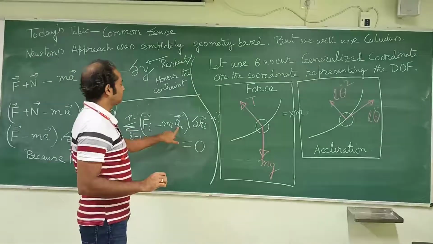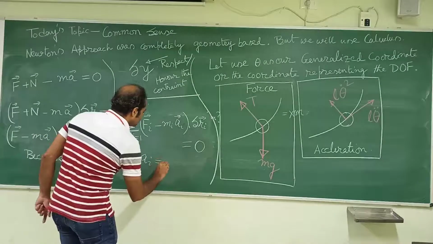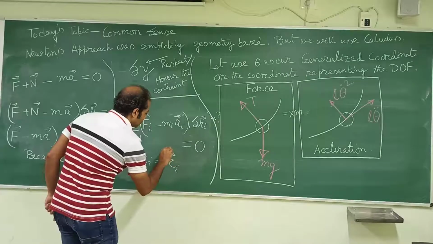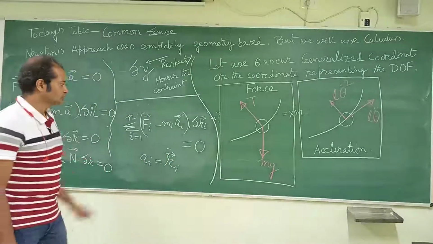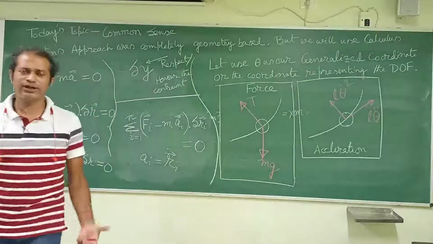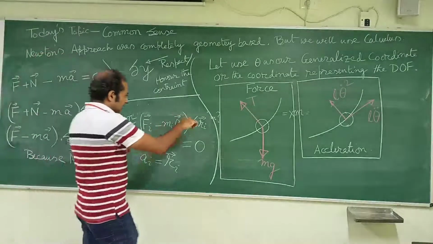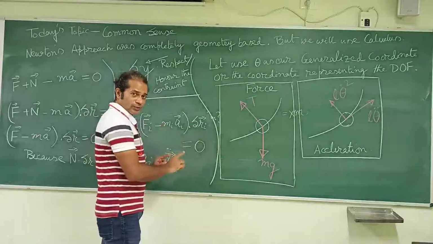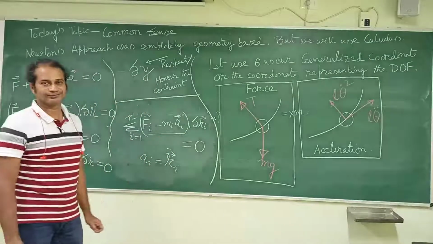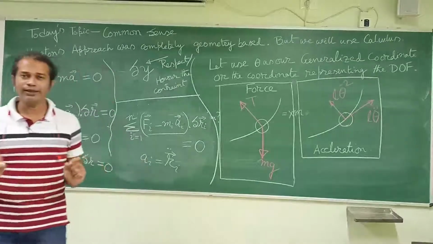Look carefully that this ai can be represented as Ri double dot, the second derivative of the position vector, and you get the acceleration out of it. So this total work done is 0 because it is in dynamic equilibrium. F is equal to minus m ai.